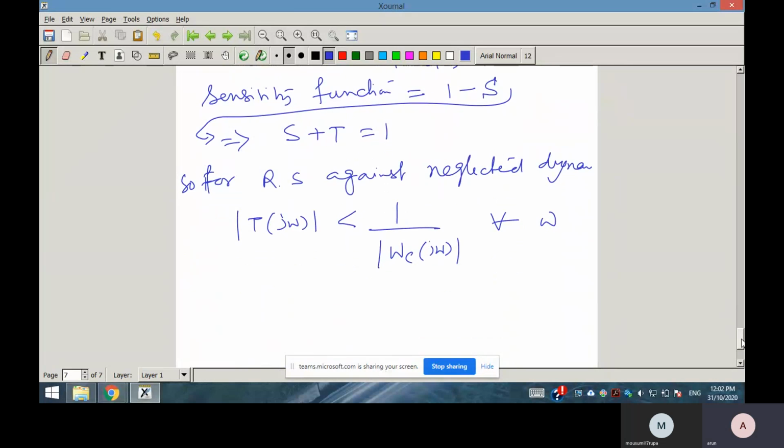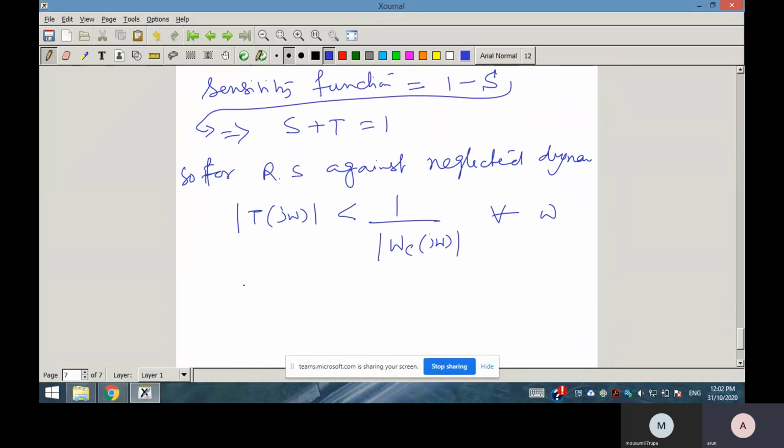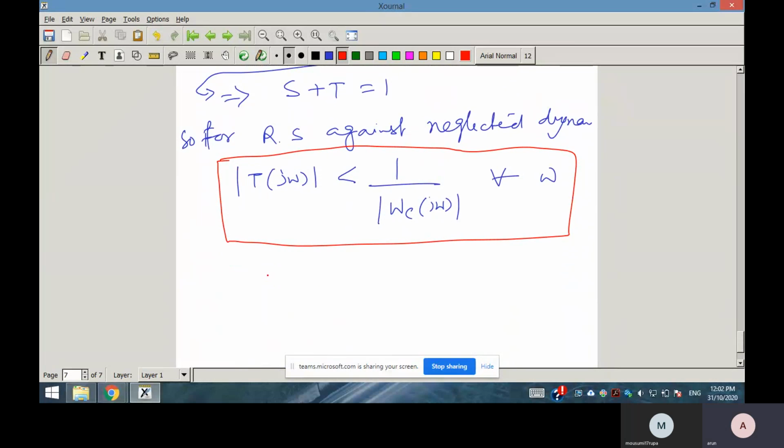This is an important relation. One can also write that the max over omega of WC j omega times T of j omega is less than 1.